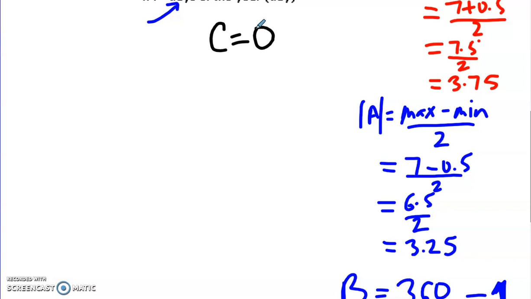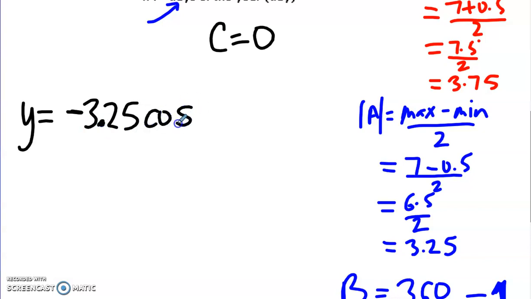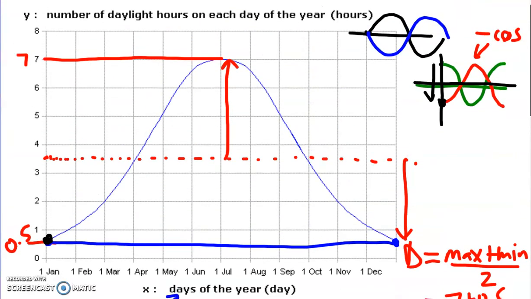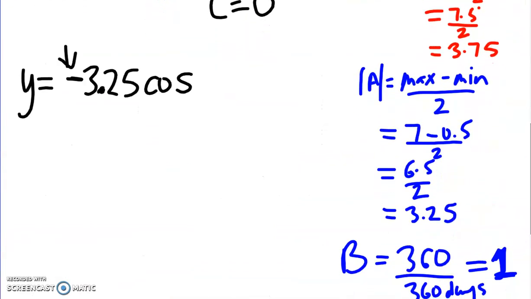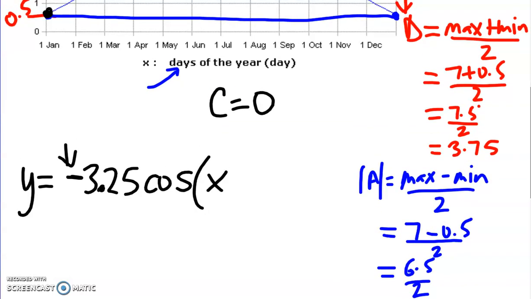So let's write the function. We've got y equals, and my a value, so first of all, this is a negative cosine. My a value is negative 3.25, and I've got cosine, right? So this is a reflection. Remember, we're going from valley to valley here instead of peak to peak. So negative 3.25, my b value is just 1, and then my phase shift is 0.